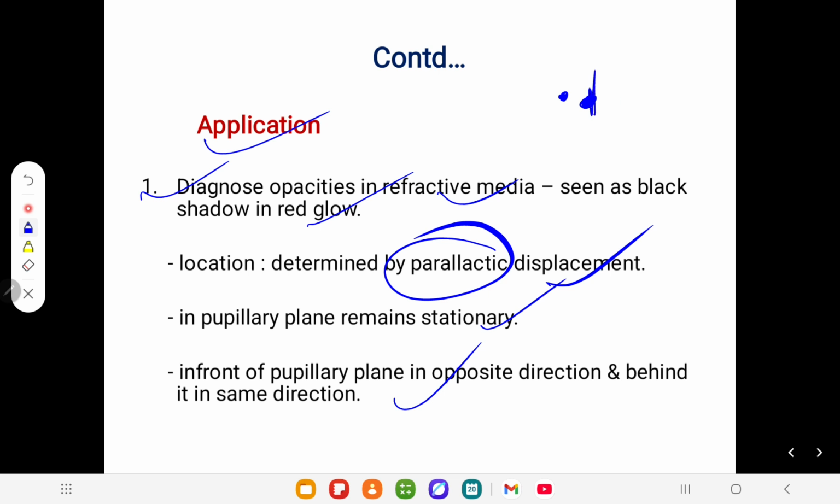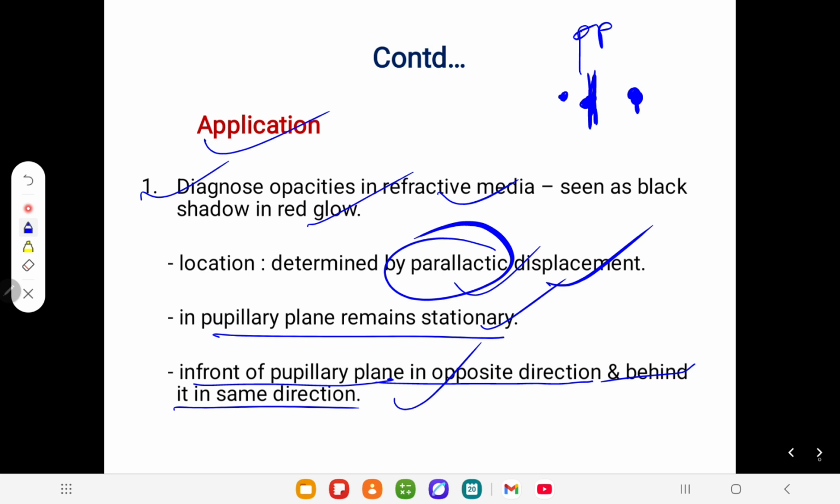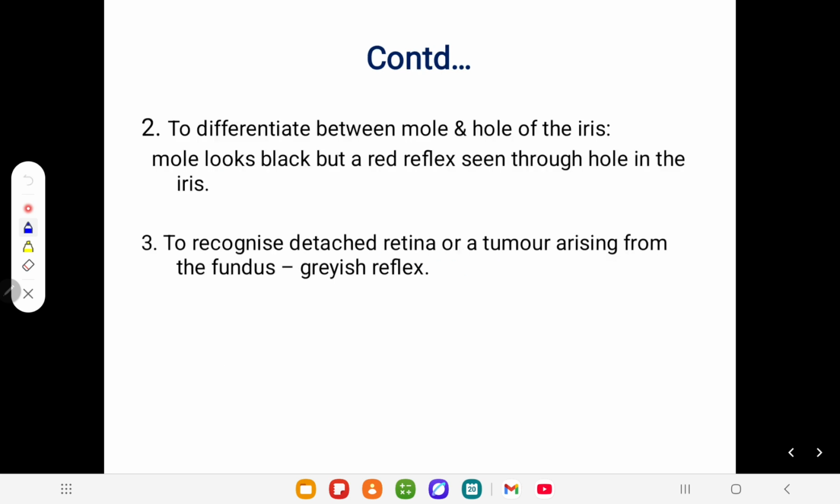Behind the pupillary plane, anything that creates a shadow will move with the movement of our head or the ophthalmoscope. That is the parallactic displacement: opposite direction in front of the pupillary plane, and same direction behind the pupillary plane. So we can at least find the location of the opacity.